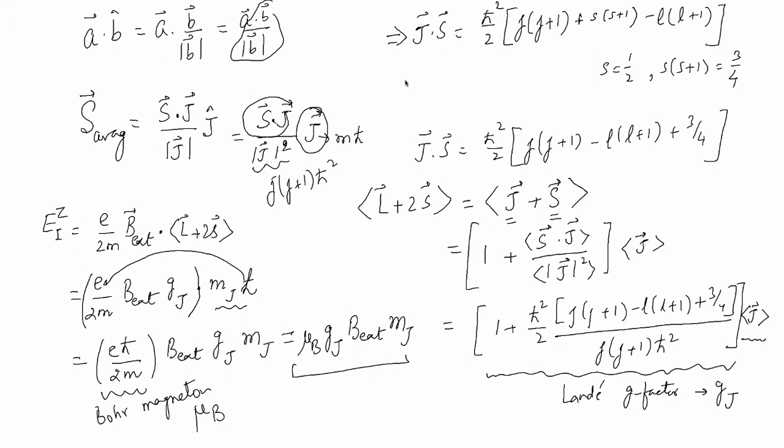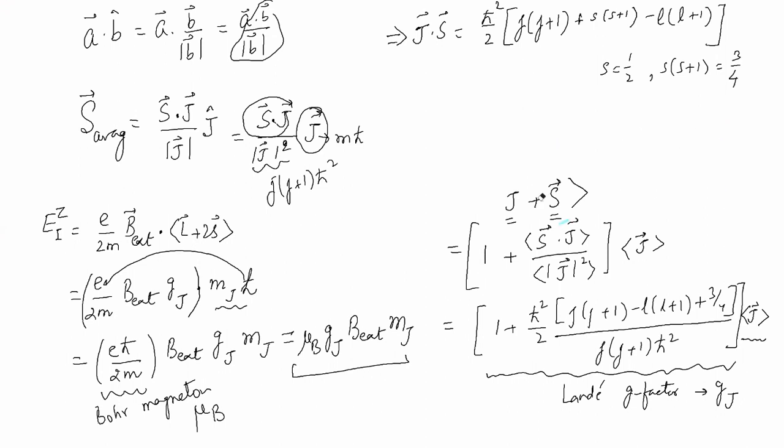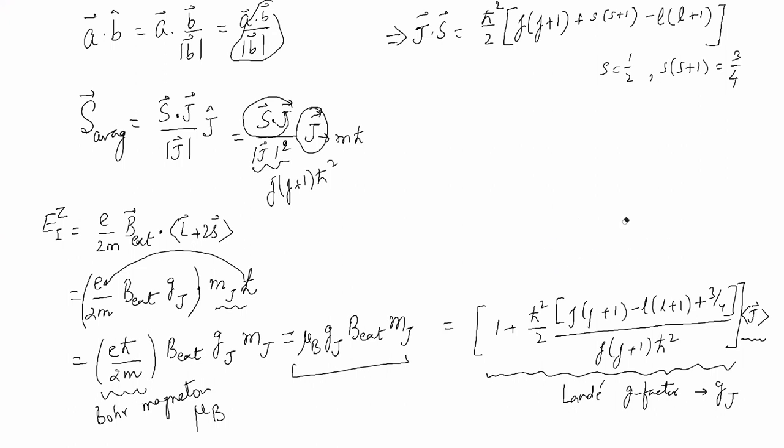Now the important point is, if I am talking about the ground state, then the ground state corresponds to n equal to 1, principal quantum number n equal to 1. For n equal to 1, what is the value of L? L is 0, but the spin of the electron is half.